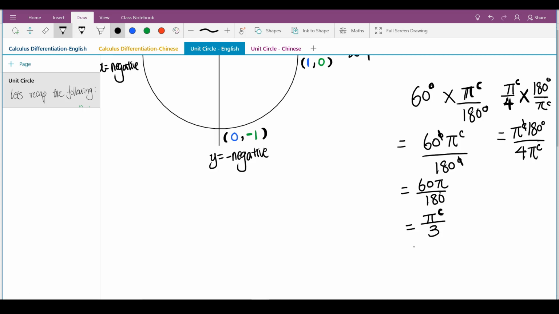So we cancel and cancel, and we're left with 180 degrees divided by 4. Divided by 4 is just a ratio, so the only unit remaining is degrees. 180 divided by 4 is 45 degrees.